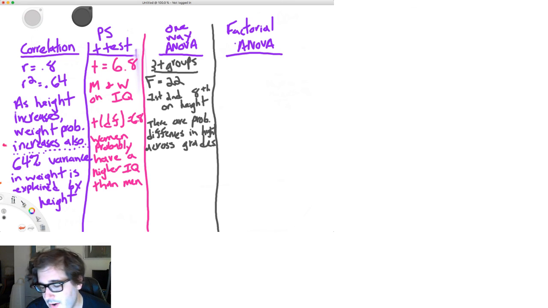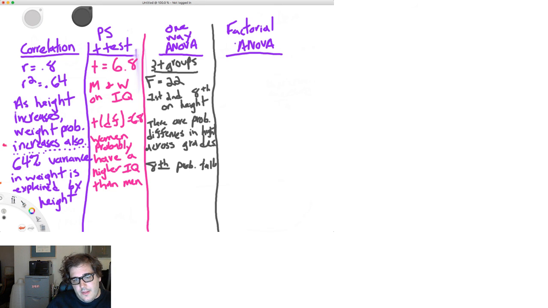So that's just your F statistic is significant. Then you do your Tukey's test. You get your significant differences. You compare the means of the 3 groups against each other, and then you could say 8th graders are probably taller than 1st and 2nd.